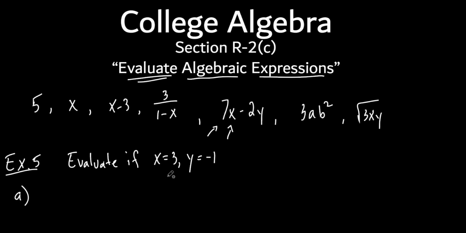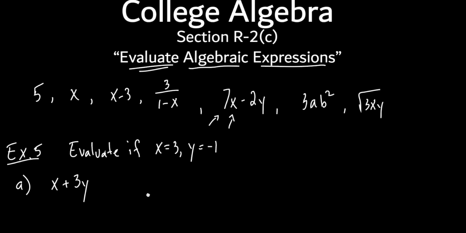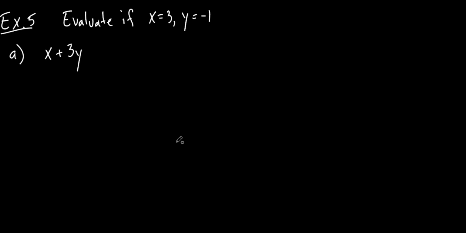So this is what they're telling you. They just tell you in the book what x is equal to and what y is equal to. What you're going to evaluate is this thing right here. You're going to figure out what x plus 3y is equal to. Does that make sense? So this is what we're trying to find, the value of that right there.